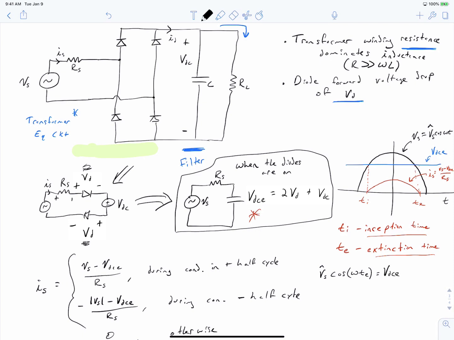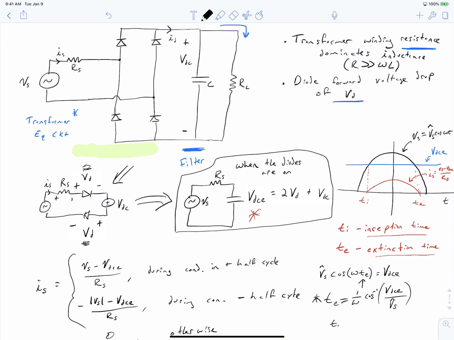So you can solve this for the extinction time as taking VDCE, dividing it by Vs hat, taking the cosine inverse of this quantity and dividing that by omega gives you your extinction time.